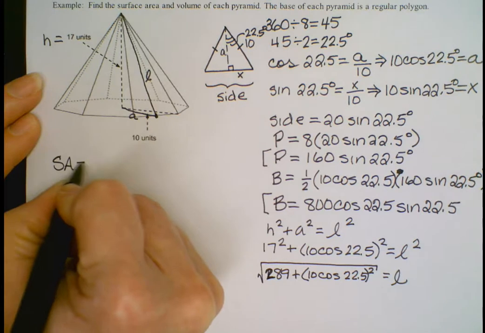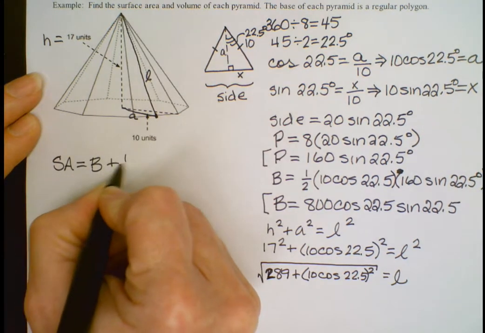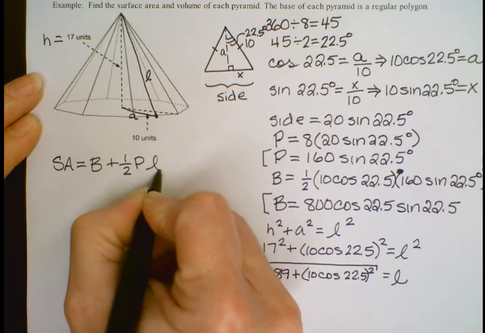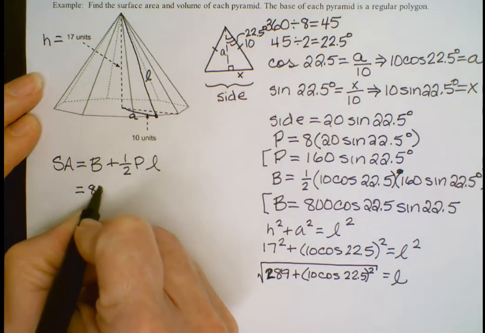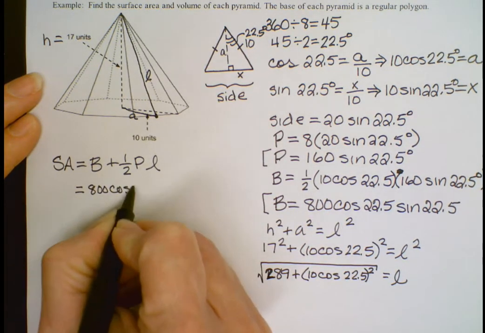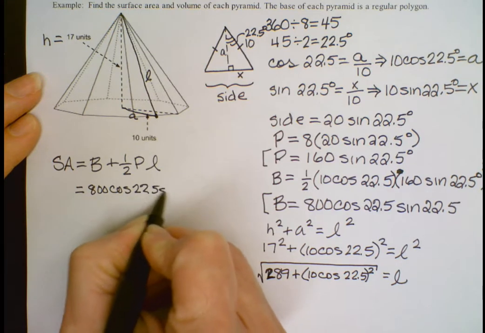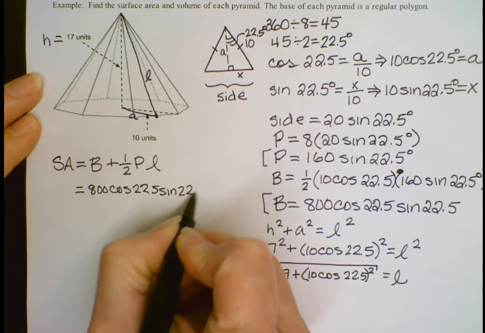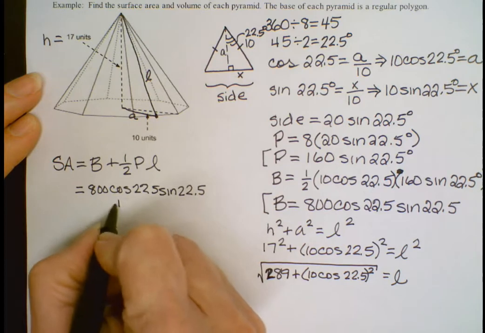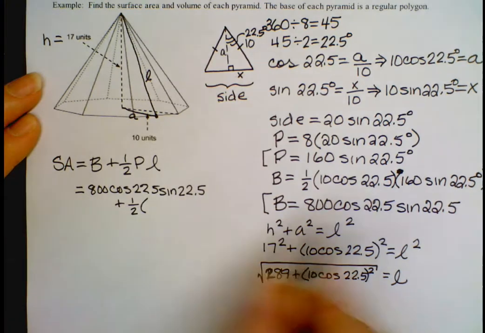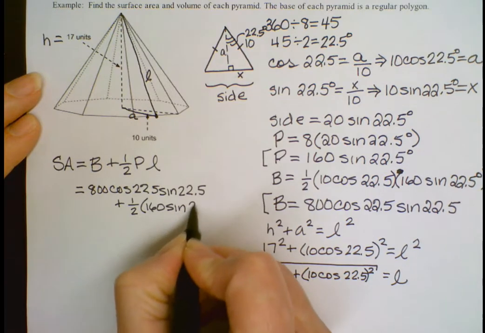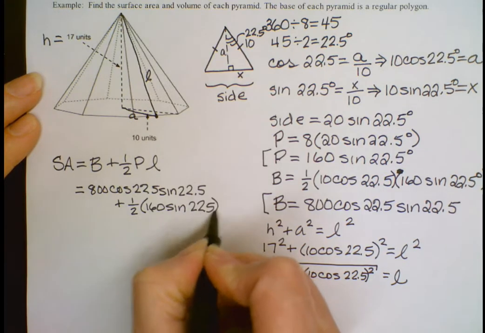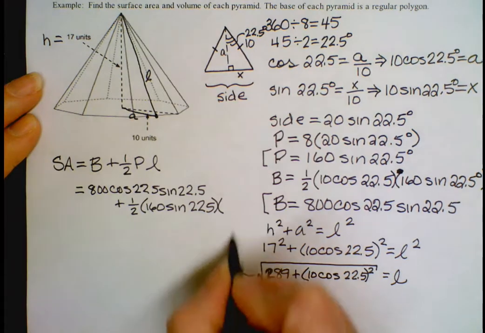So surface area is the area of the base plus 1/2 times the perimeter of the base times the slant height. In this case we're taking this 800 cosine 22.5 degrees sine 22.5 degrees plus 1/2 of the perimeter, 160 sine 22.5, times L, which is this square root.